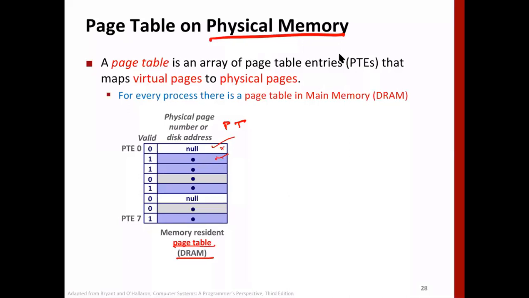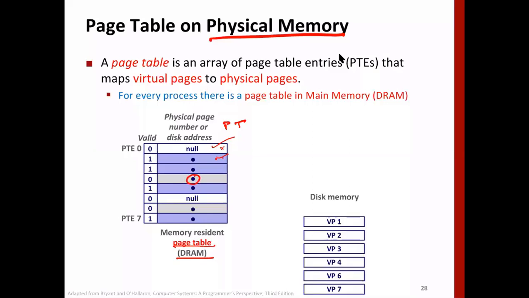Secondly, the one shown in gray means that the page is not in main memory but exists on disk or swap space. So we have disk memory, which has all the pages corresponding to the address space, or virtual memory.